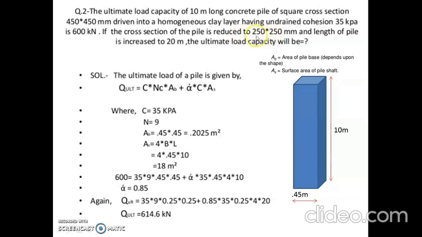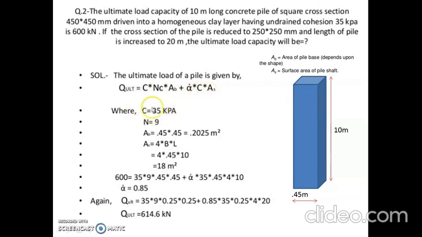If the cross section is reduced to 250 by 250 mm and length of the pile is increased to 20 meter, we need to find how much is the ultimate load capacity. To find ultimate load capacity of the pile, we have the formula Q ultimate equal to C N_C into A_B plus alpha C into A_S.